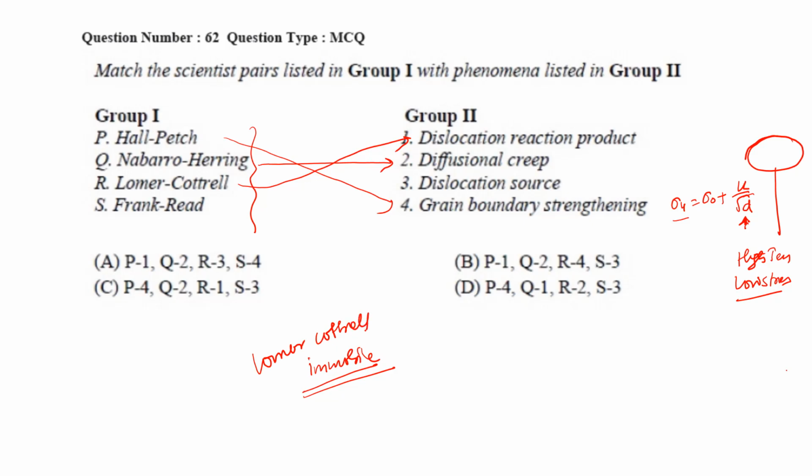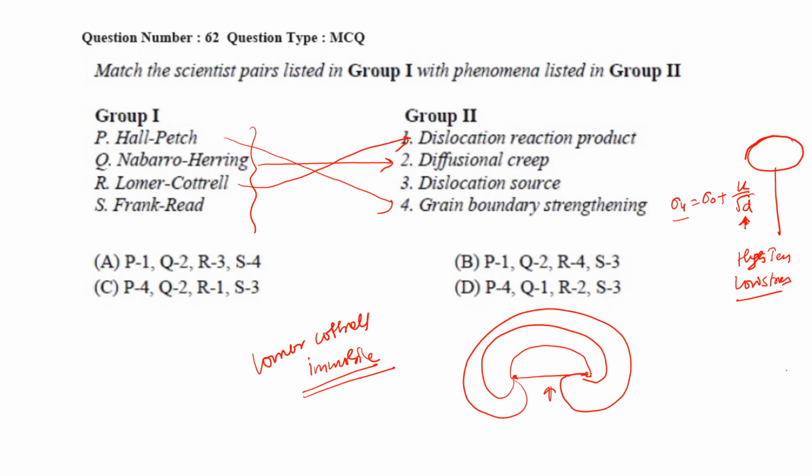Next is Frank-Read. Frank-Read gives the dislocation source. Right? You have seen here, when the dislocation is pinned and you apply stress, what happens? It bends, it forms like this, and ultimately it forms a dislocation loop, and we have the original dislocation within this circular dislocation. So it is associated with Frank-Read.